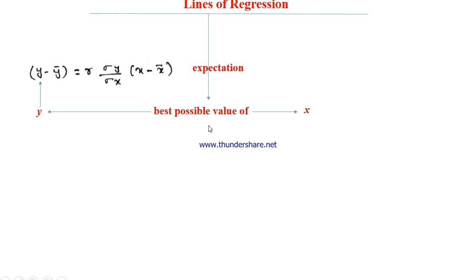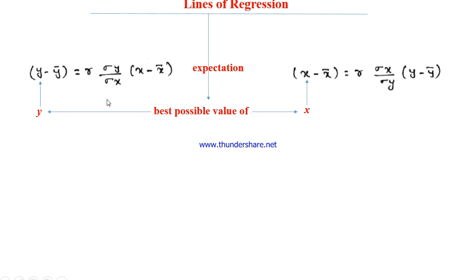And the equation which gives the best possible value of x can be obtained by replacing each occurrence of x and y by y and x respectively. That is, x minus x bar equal to r sigma x by sigma y times y minus y bar.